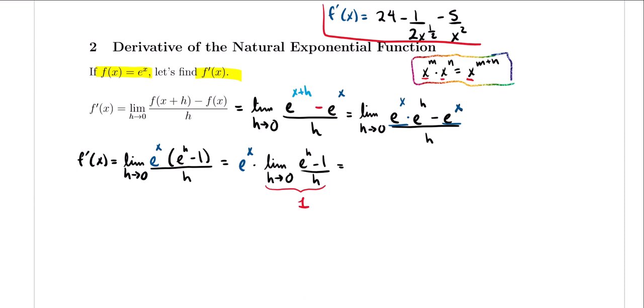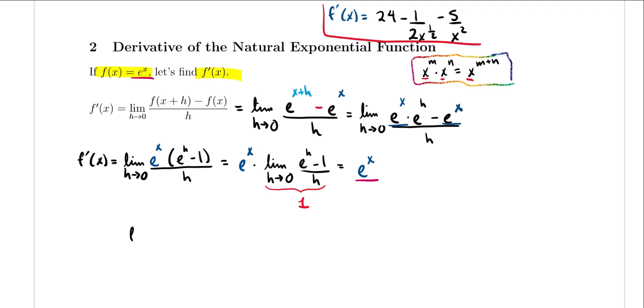So what is this telling us then? Well, then we'd just be getting an e to the x times a 1, which is just an e to the x. But wait a minute, wasn't e to the x our original function? It was. So it turns out here then, the natural exponential function is a very special function. It is a function that is its own derivative.